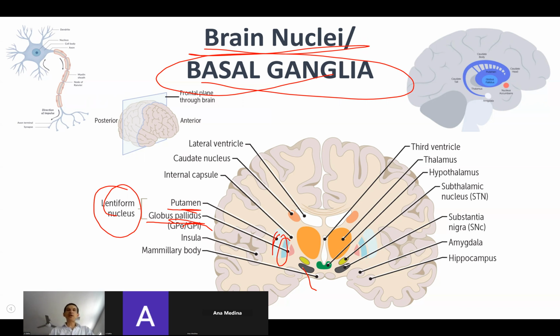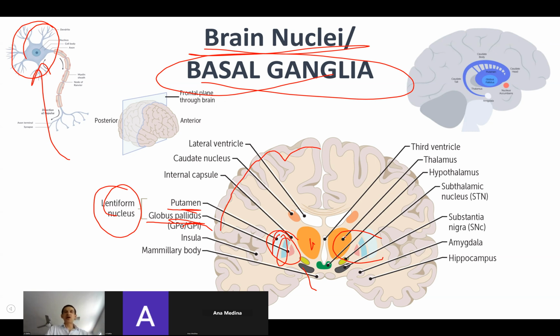But what you want to know is that those basal ganglia are collections of nerve cell bodies, just like the gray matter here. This is also all gray matter. Here the thalamus, for example, is painted orange, but it's obviously not orange. It's got those darker gray areas.